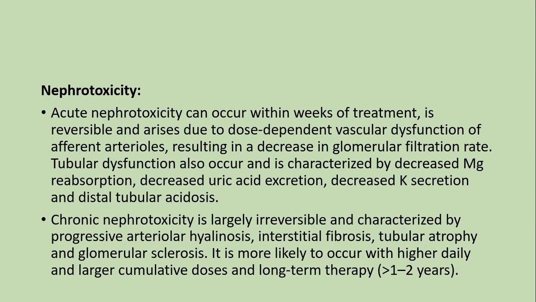Tubular dysfunctions also occur and are characterized by decreased magnesium absorption, decreased uric acid excretion, decreased potassium secretion, and distal tubular acidosis. Chronic nephrotoxicity is largely irreversible and characterized by progressive arterial hyalinosis, interstitial fibrosis, tubular atrophy, and glomerular sclerosis.